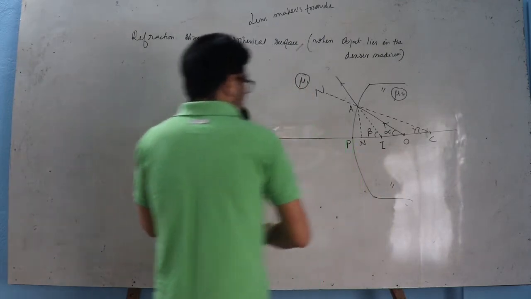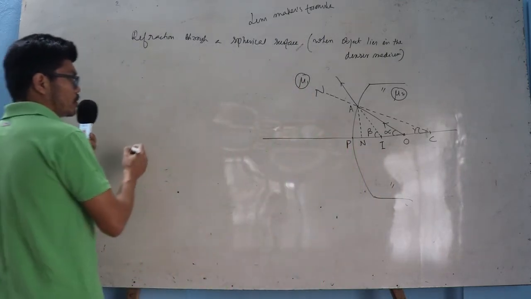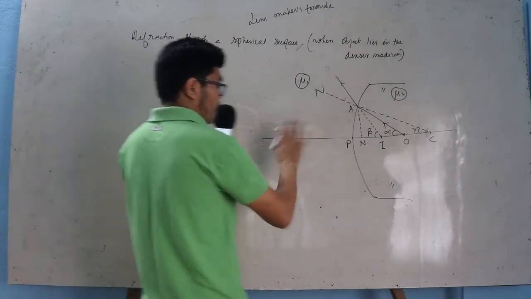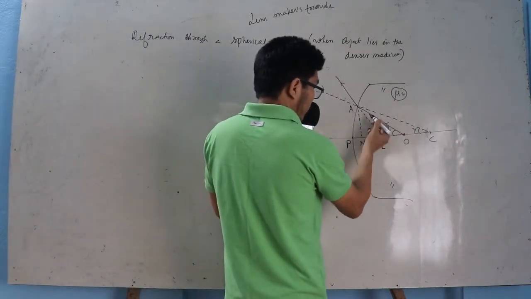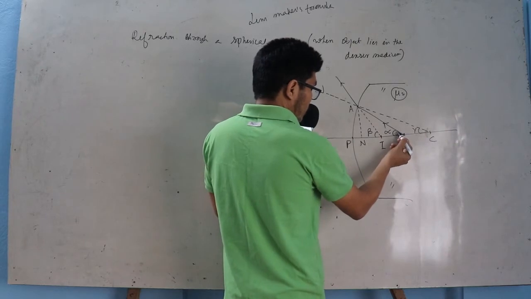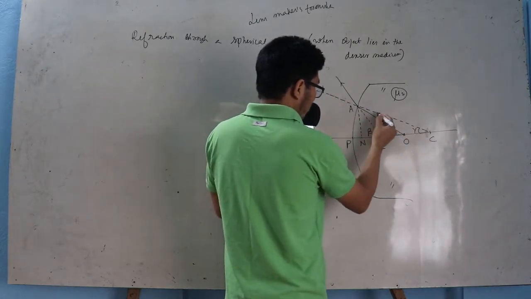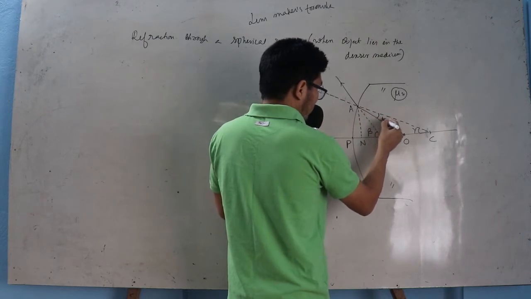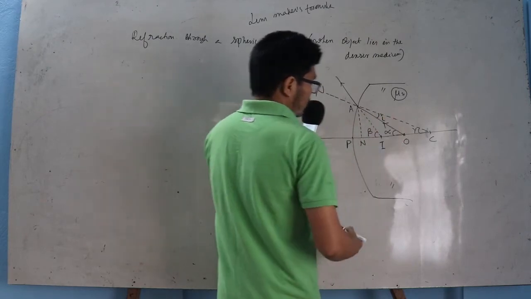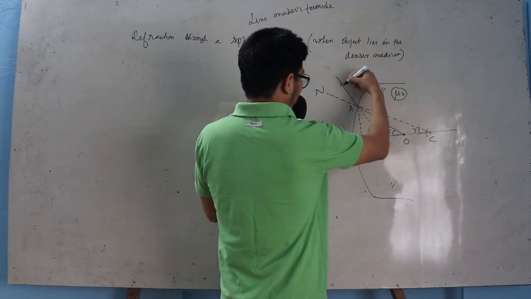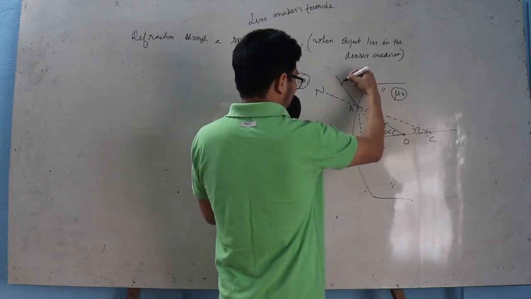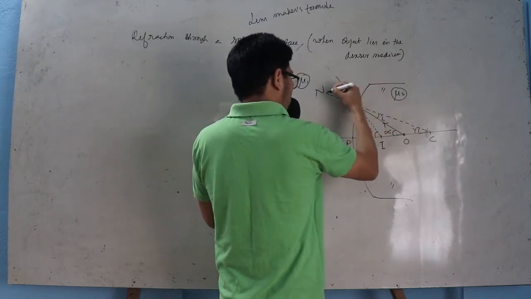Then, using Snell's law, okay, before we use Snell's law, let's identify the angle of incidence. So if this is the incident ray, and this is the normal, this angle should be the angle of incidence, I. And if this is the refracted ray, it must make an angle with the normal.